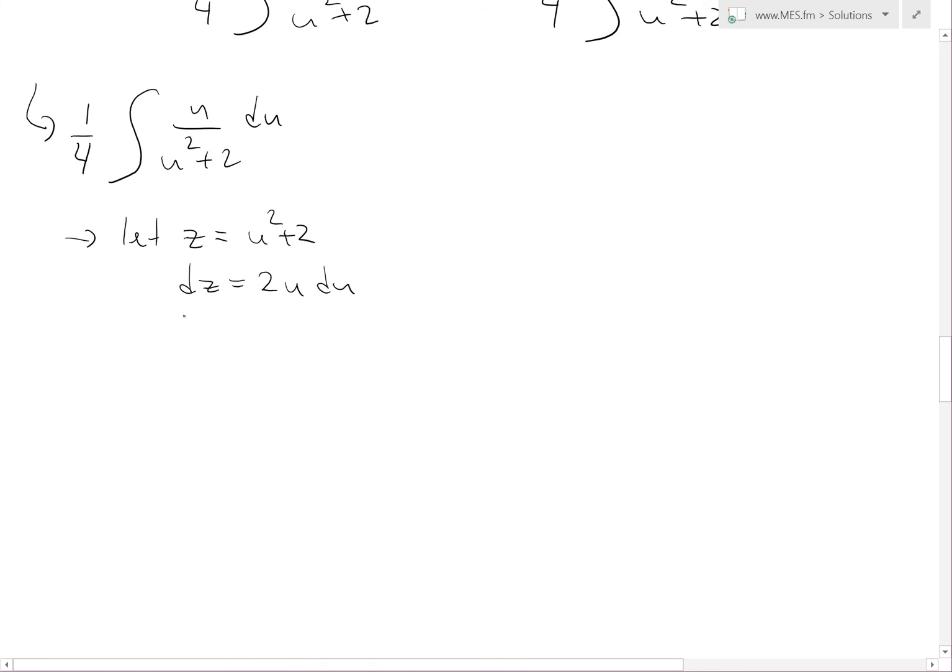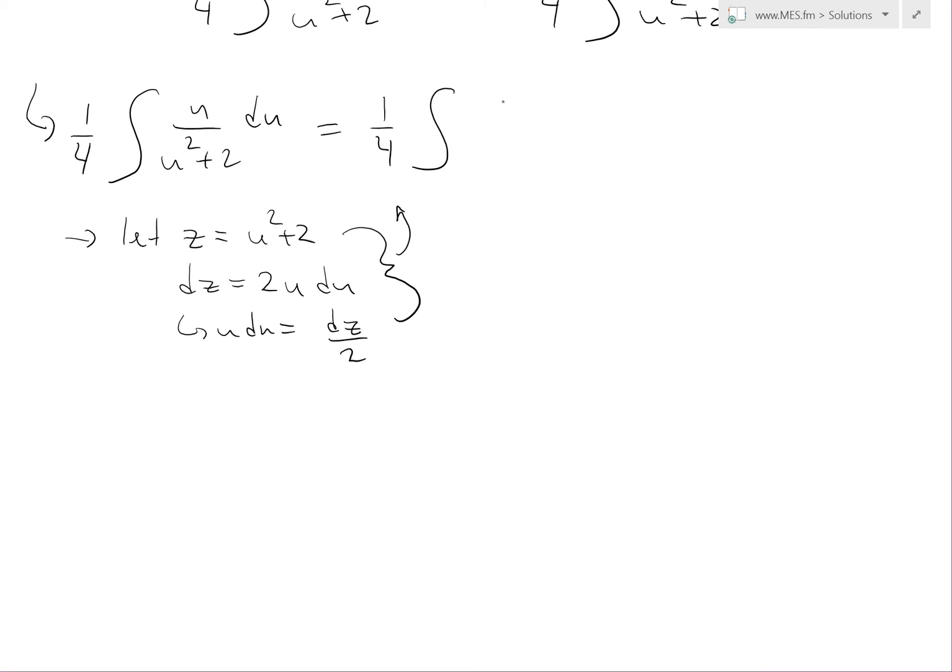Or in other words, u du equals dz over 2. Now we can just plug that in. So this equals 1 over 4 integral of, now u du becomes dz over 2, so dz, and then we put the 2 like this, and the bottom is u squared plus 2, that's just z.